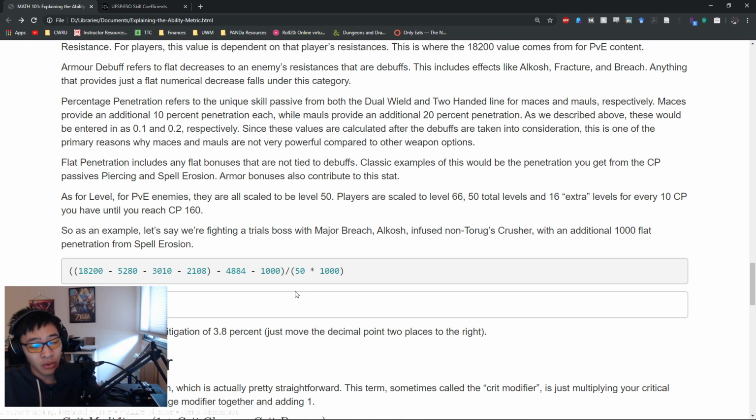You get 1 extra level for every 10 CP that you get. This is kind of a carryover from VR ranks. For those who have been playing long enough to remember VR ranks, you basically got all the way up to VR 14, I believe it was. They added 2 additional VR levels when they changed it over to CP. So player total level is 66: you have 50 total and then 16 extra from your CPs.